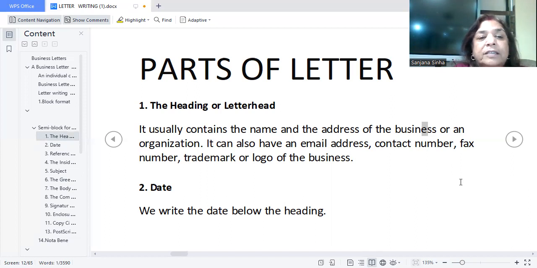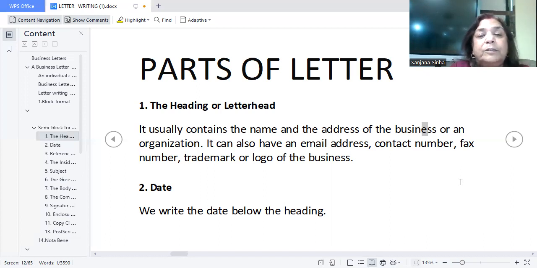It usually contains the name and the address of the business organization, or it also has the logo of the company, the color scheme, the contact number, the email address, the fax number, the trademark. The first thing which you will see when you start working in a company, and when you have to write letters, you're going to write on the official writing material, which is called the letterhead of the company.